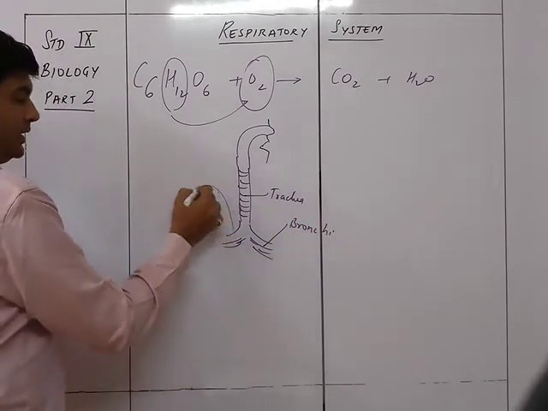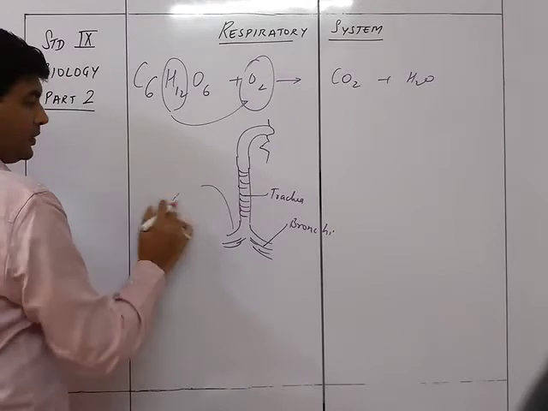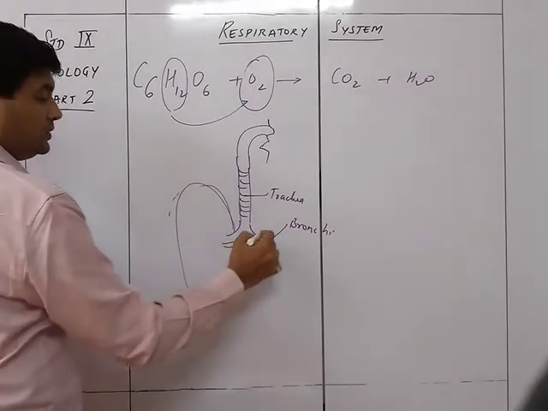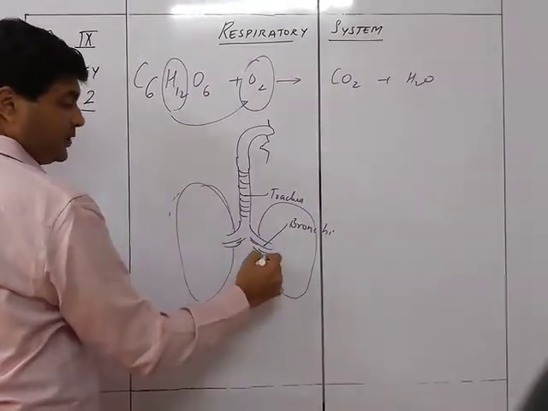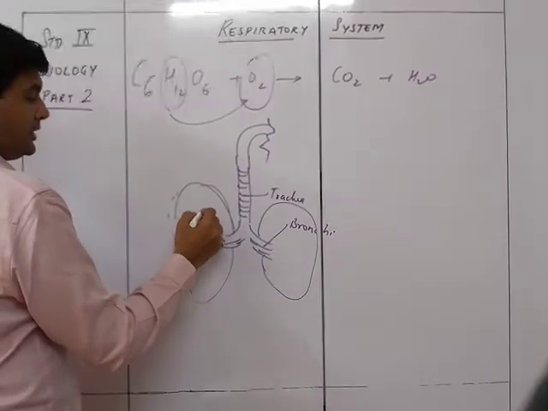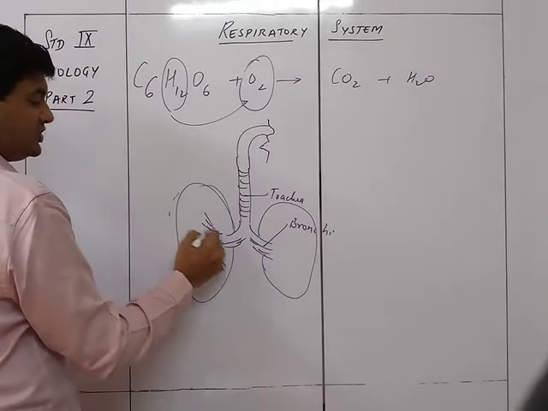And then over here are the two lungs. The lungs are over here, and inside the lungs there will be the branches of the bronchi.